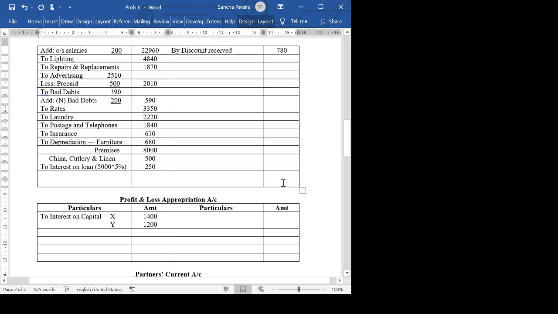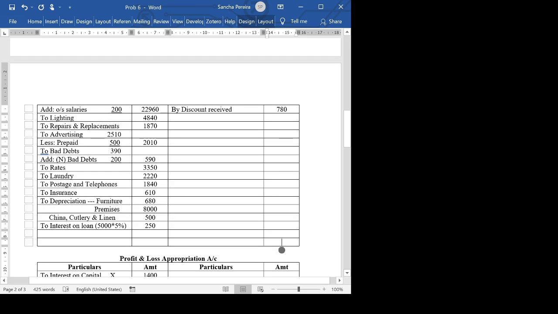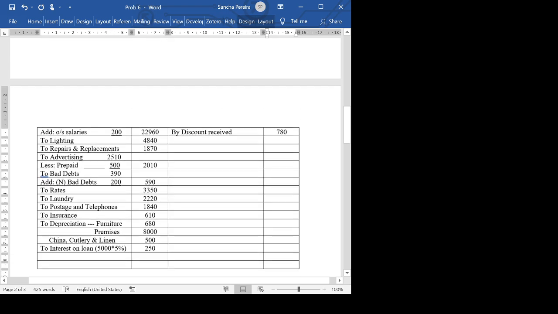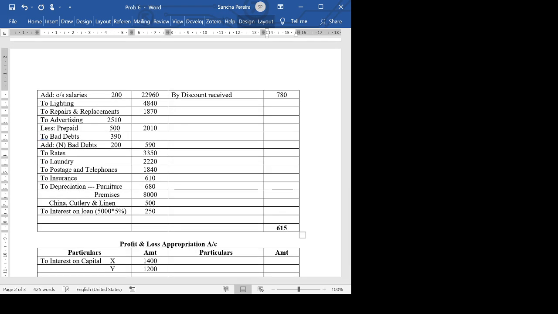So this total here comes to 61,570. So the net profit will be 61,570 minus all this, which comes to 11,850.